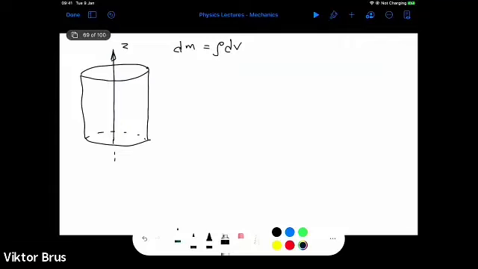What we need to do is consider a smaller cylinder here with the radius r. The total radius of the cylinder is capital R, but we consider inside the cylinder some smaller cylinder.